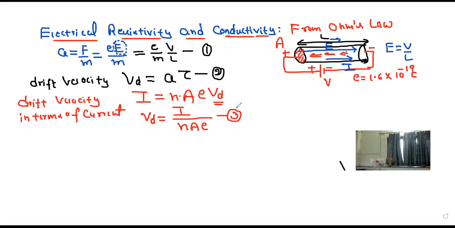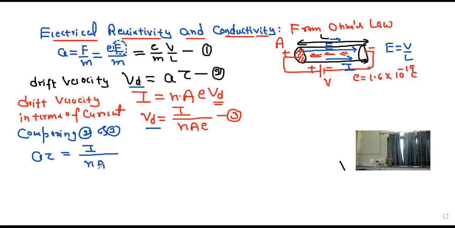Now I will compare equation number 2 and equation number 3. So what I get? Left hand side they are equal, so I can equate the right hand side also. So a tau is equal to I upon n A e.